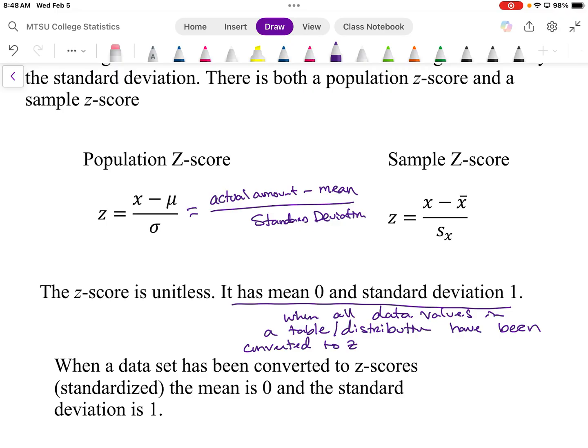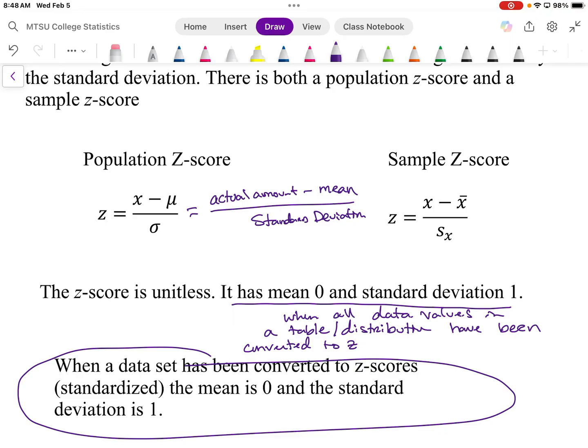Oh, I have it written down there. I typed it in there. Daggone it. So that's the statement right here. My bad. I was thinking that was the next note. I apologize.